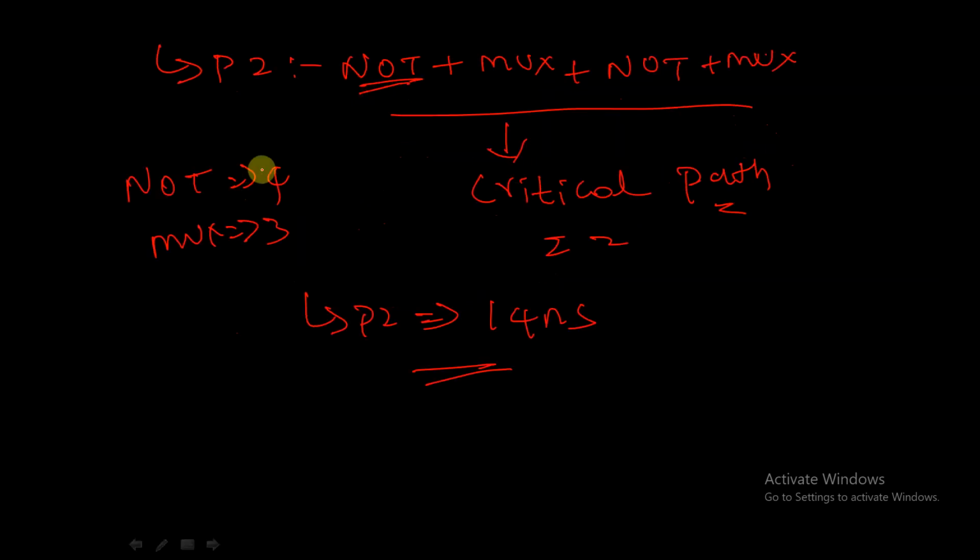So here NOT gate is 1 nanosecond and OR gate 4 nanoseconds. So it will be 1 plus 3 is 4, 4 plus 1 is 5, 5 plus 3 is 8.